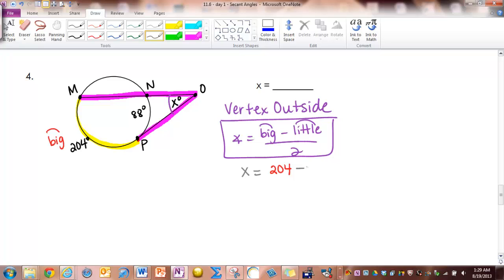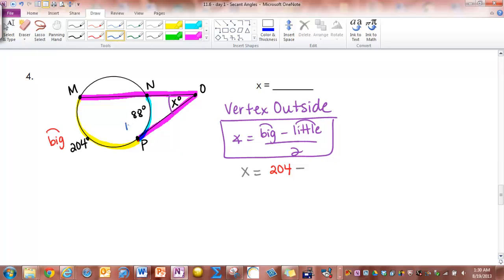And now we always subtract when our vertex is outside the circle, and our little arc is the one closer to the angle. The little arc in this problem is 88 degrees. And then please don't forget to divide by 2.